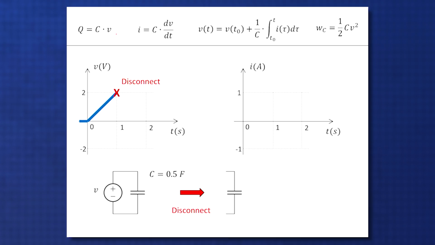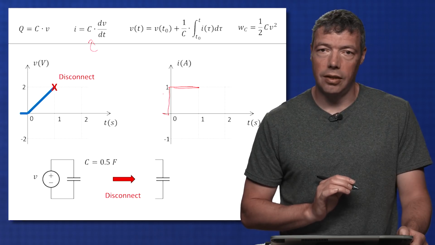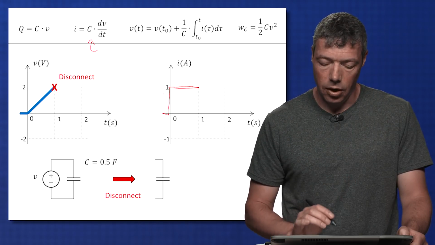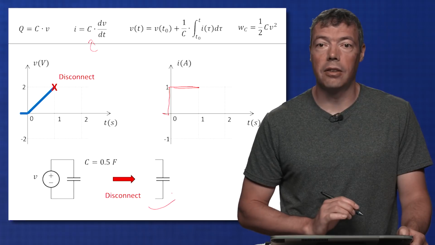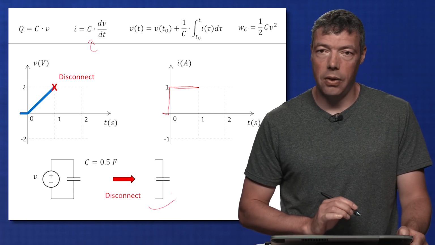So imagine I have a voltage source, and between time 0 and 1, my voltage is linearly increasing. That means if I look at this equation, I have my current, which is constant. And then at time t equal to 1, I'm going to disconnect my capacitor from my source. So my capacitor is going to basically be by itself. What's going to happen now?